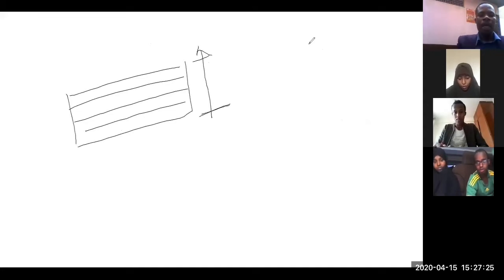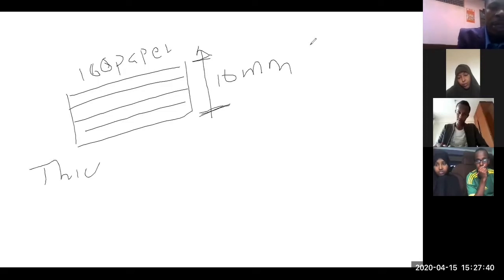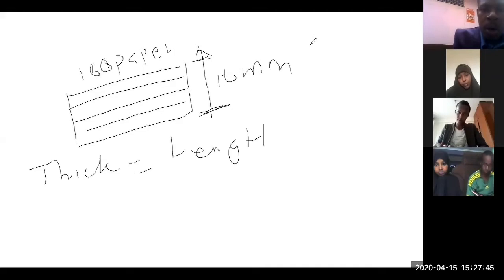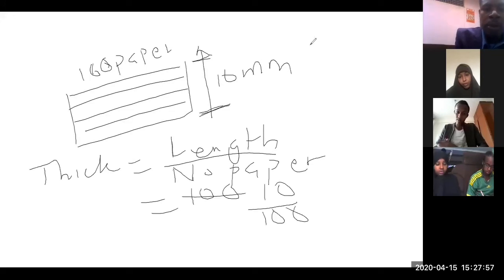For example, if we had 1,000 papers together with a thickness of, let's say, 10 millimeter, then the thickness of a single piece of paper is the length over the number of papers, which in this case is 10 over 1,000, and you get your value in millimeters.